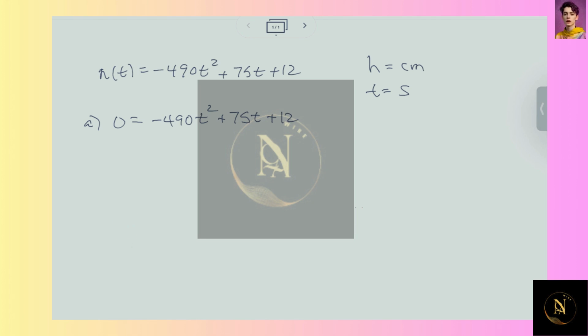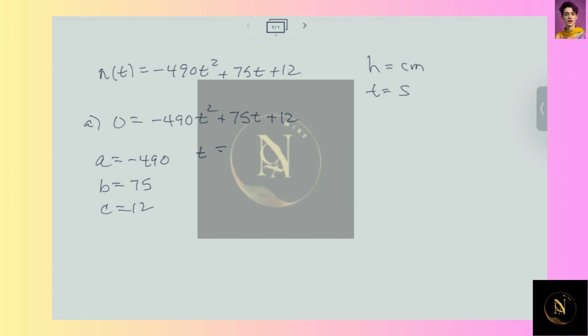Now this is going to require the quadratic formula, so you can either use a program in your calculator, or there are plenty of them online, or you can do it by hand. I pulled off A, B, and C for you. So negative 490 for A, 75 for B, 12 for C. Okay, we're going to get two values here.